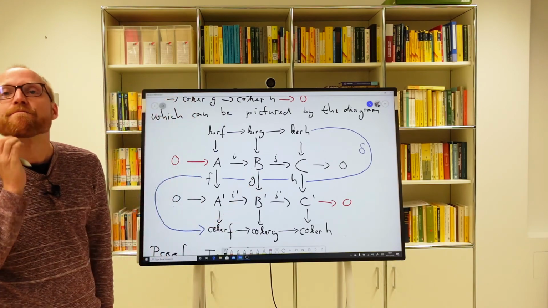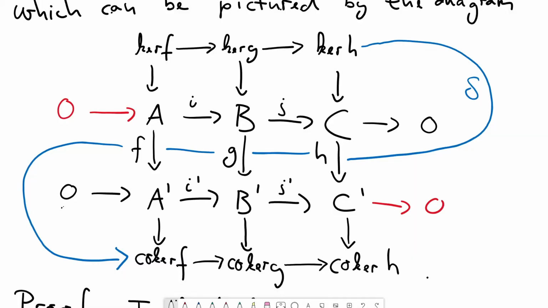Right, so you have these two elements in B, where the other one is just the difference plus an element in A. And if you map this down further to B prime and take the now unique pre-image in A prime, how do these two elements in A prime that you get for the two different choices differ?